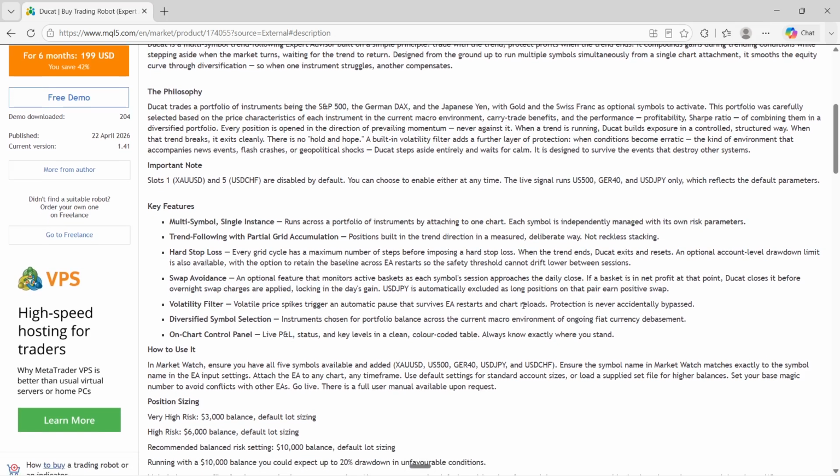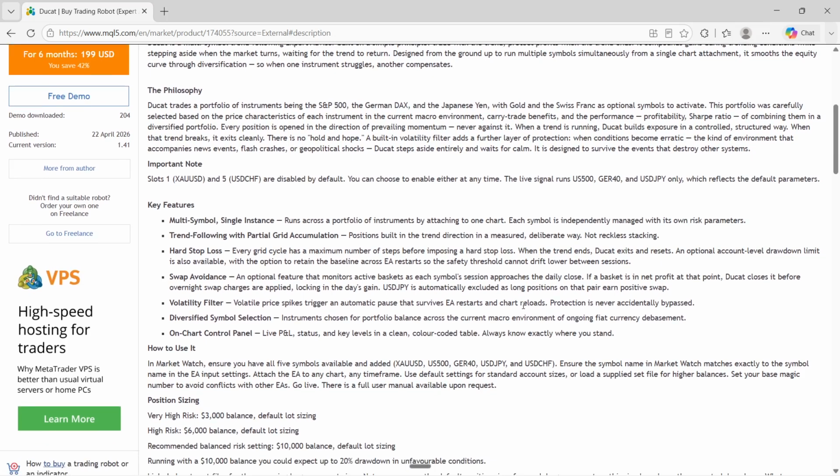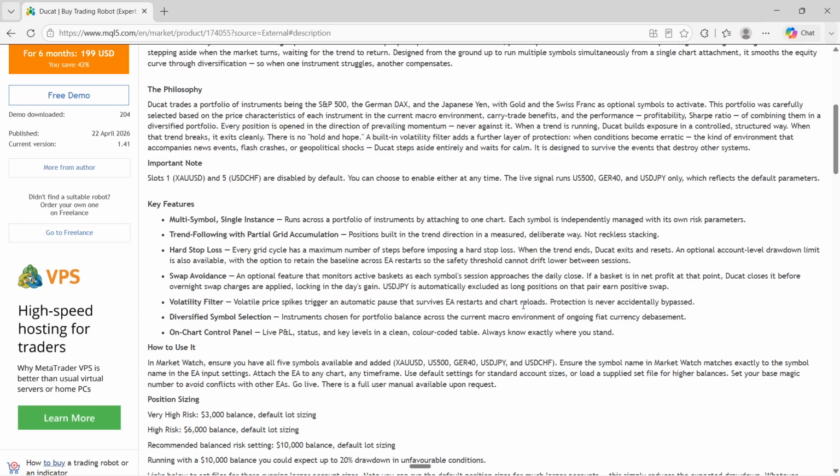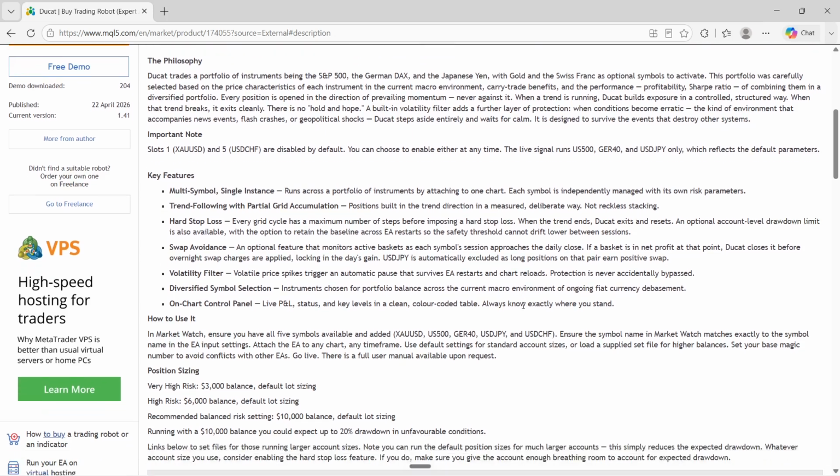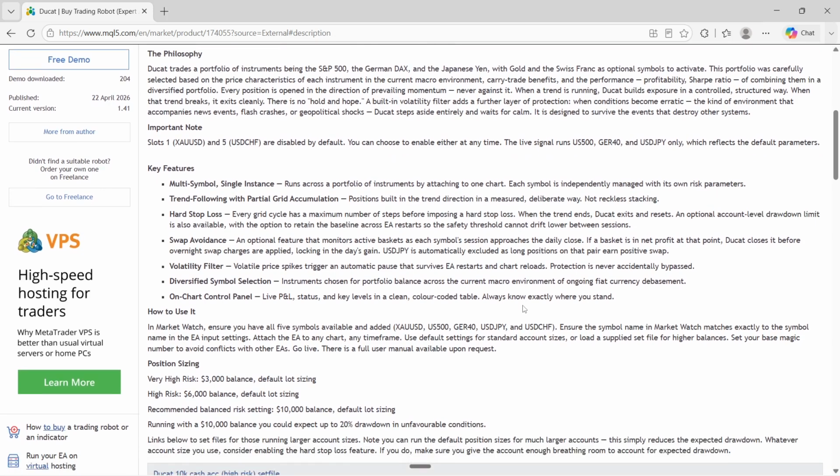Position sizing guidance is provided for different account sizes, with a note that a $10,000 balance on default settings could experience up to around 20% drawdown in unfavorable conditions. Set files for the various account sizes and prop firm use are available.